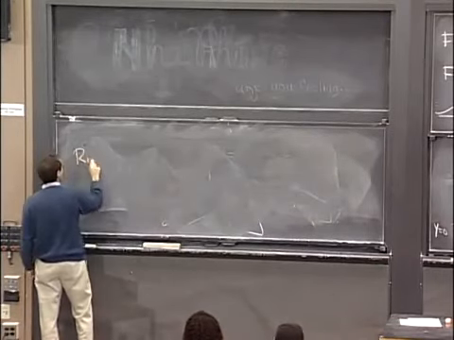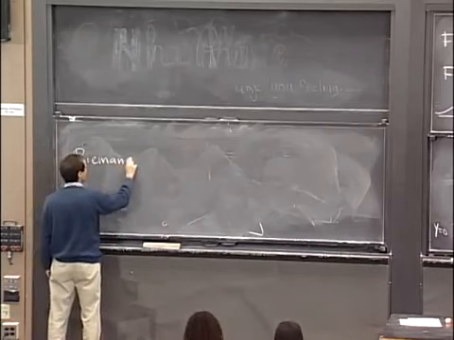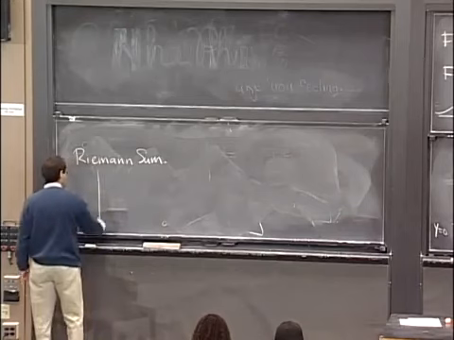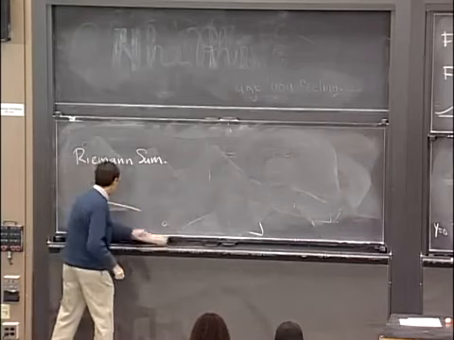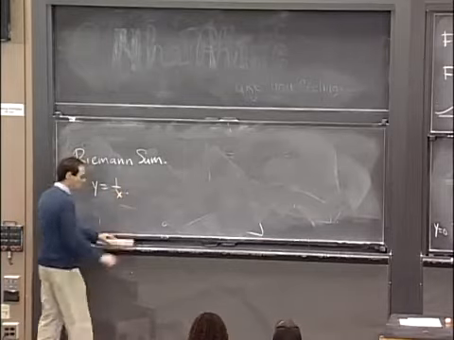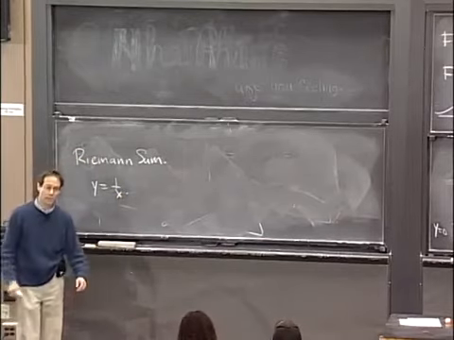So here we have a Riemann sum. And I'm going to give you a picture which is maybe this function y equals 1 over x, which was the one that we were discussing earlier.